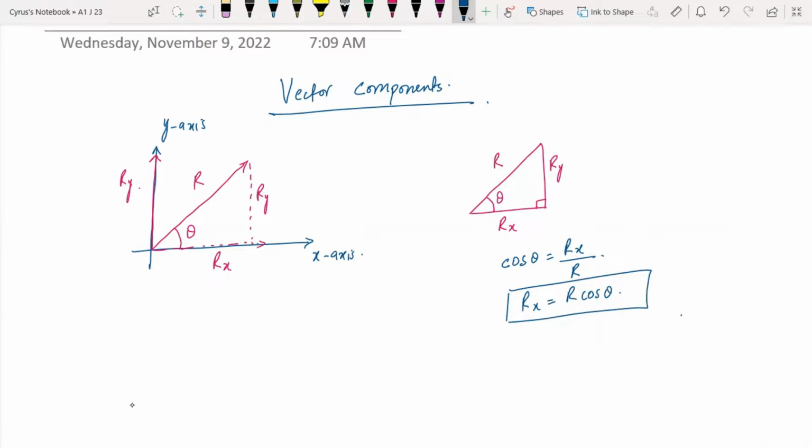So you see that this angle is theta, this horizontal component is r cosine theta. जब भी आपके पास इस तरह का वेक्टर आएगा तो एंगल के जो along होगा adjacent में, that is going to be r cosine of theta, right? Are you getting what I'm saying?